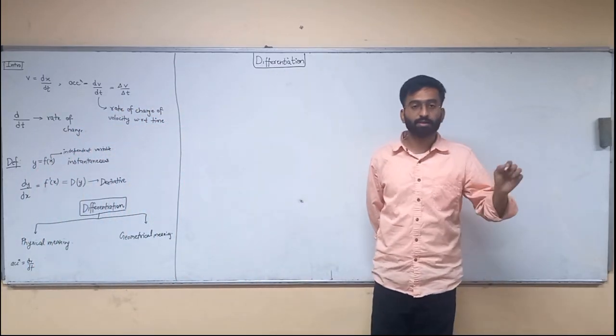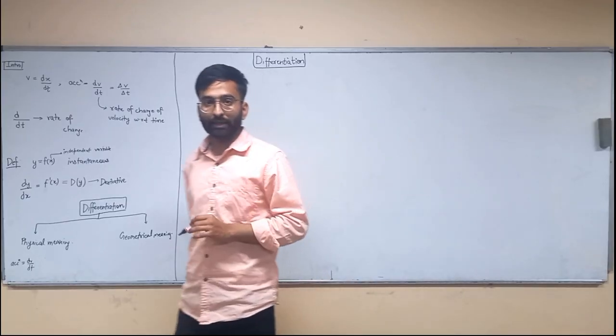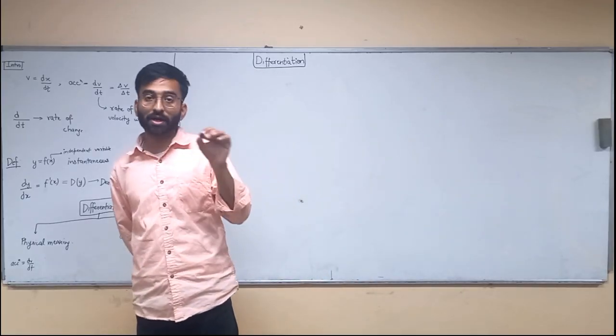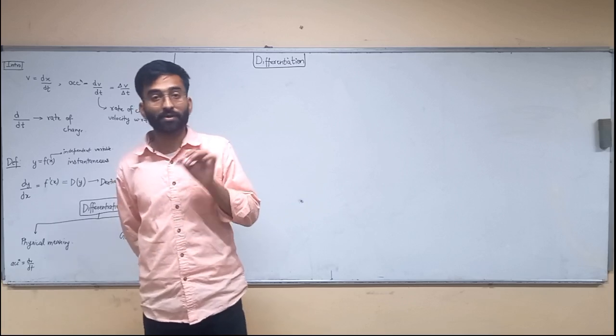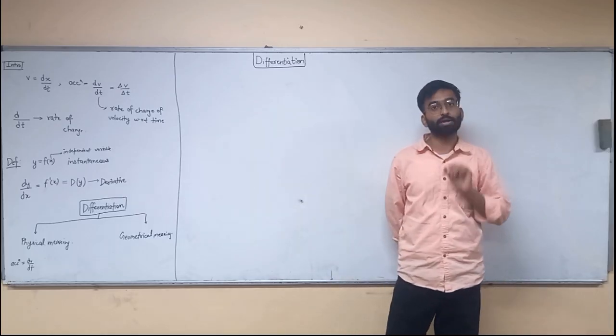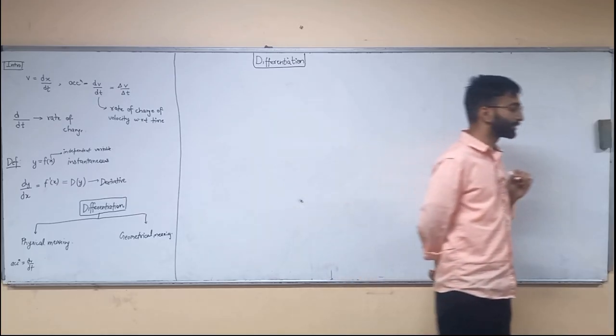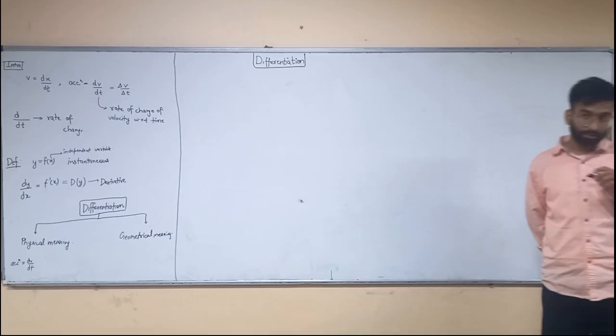At a given point A, x is equal to a. If I want to find dy by dx at point a, it will give the slope of that curve at the given point. Okay, dear students? The slope of the tangent.